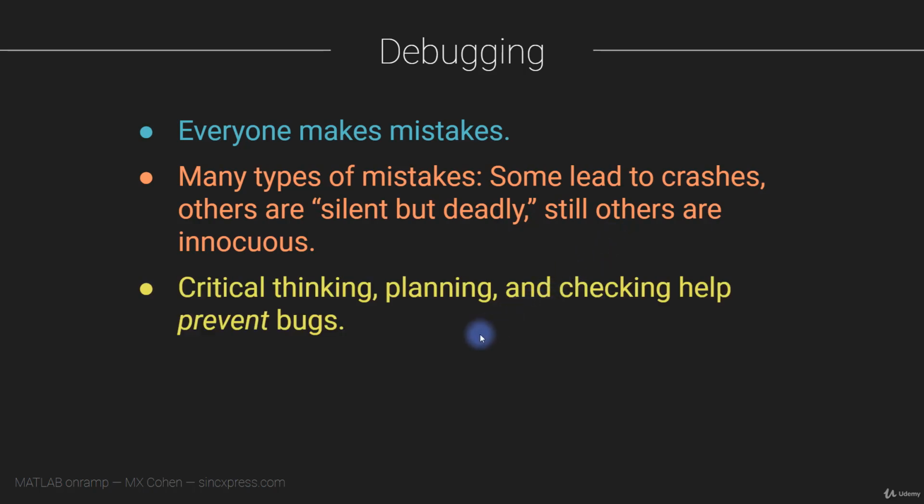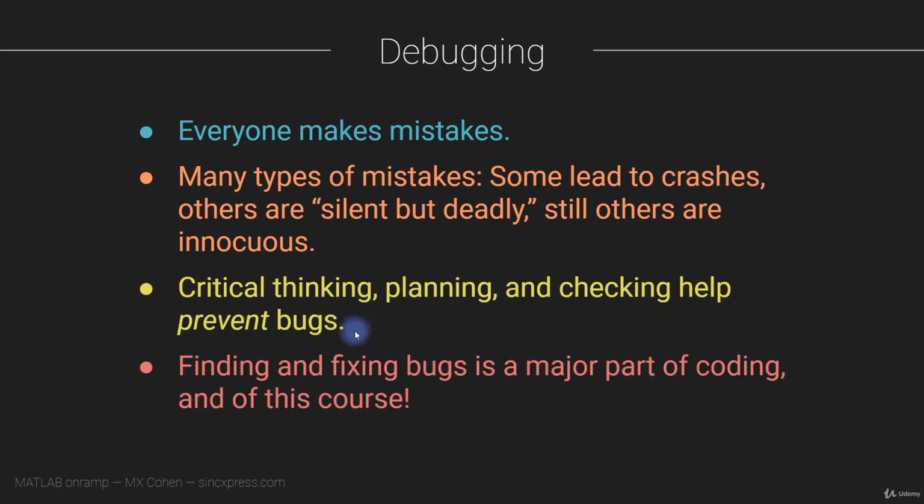Now, debugging is not necessarily the most pleasant part of programming. It's not necessarily the most fun thing to do, but it is important, and there is good news. The good news is that critical thinking, planning, and checking, sanity checking, can help you prevent making bugs in your code. And even if you do a lot of careful thinking and planning and organizing your code before you actually sit down to write it, when you do have bugs, then that can help you identify them faster and fix them faster.